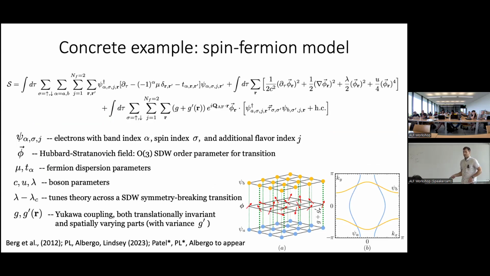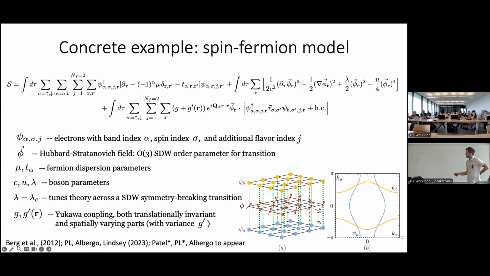Okay, so that's the theory. And now I'll show the example that we've run this to death on. The theory that we've studied with this method is this spin-fermion model. You don't need to know all the details, but basically you have some fermions with a spin index and band index.